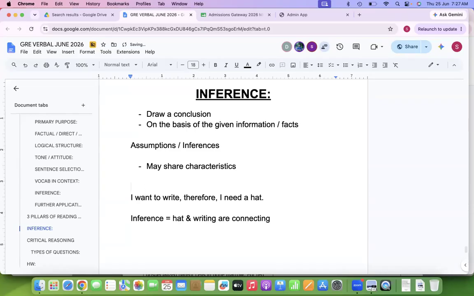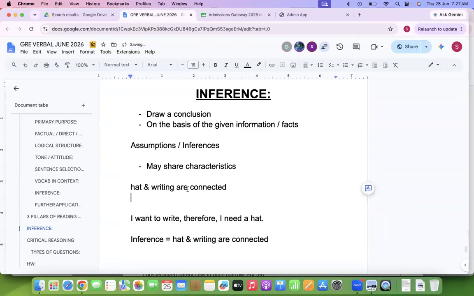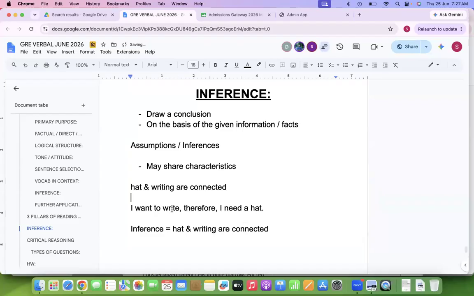But what if before writing this, I had already stated that hat and writing are connected? And then I say I want to write, therefore I need a hat. So this now becomes more logical.